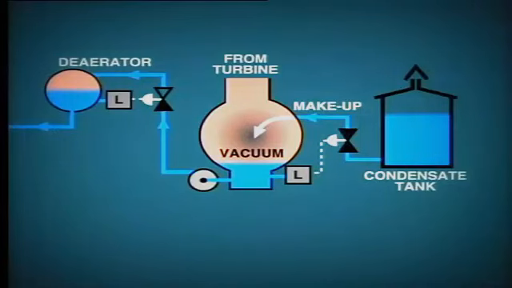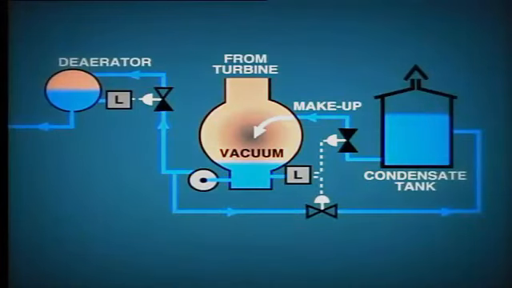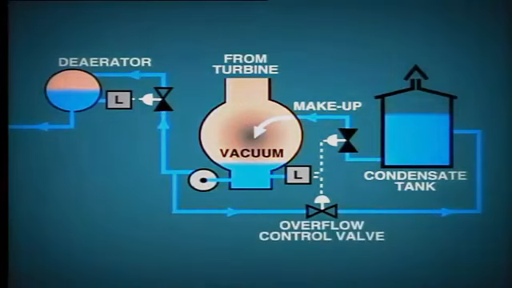If the hot well level continues to rise, we must find some means of dumping this excess condensate back to the condensate tank. This is achieved by fitting a connection from the condensate system through a control valve back to the condensate tank. This is known as the overflow control valve, and its opening is determined by high water level in the condenser hot well.